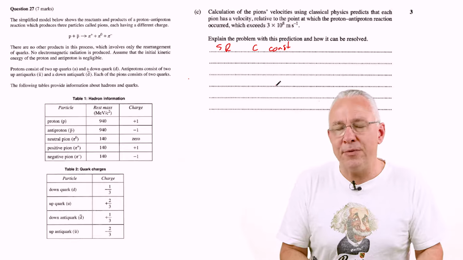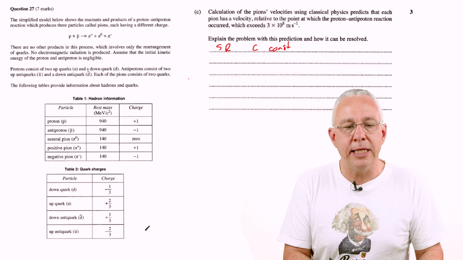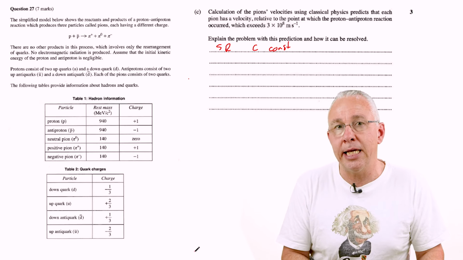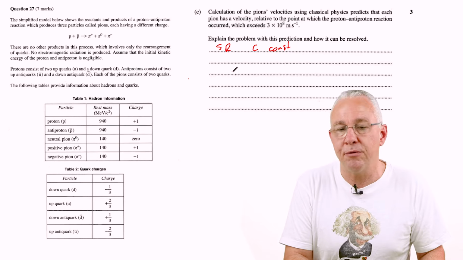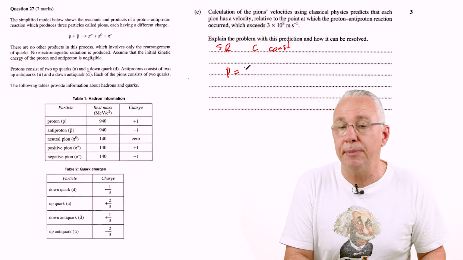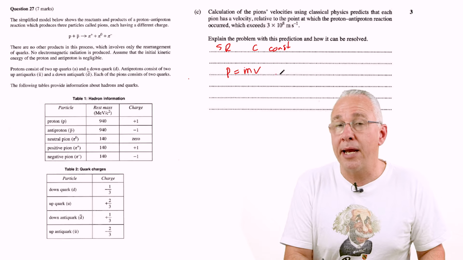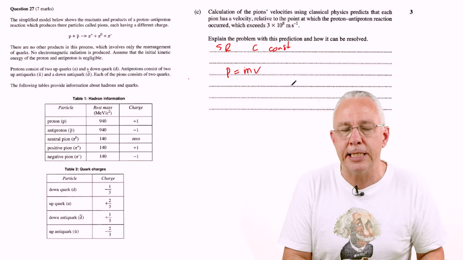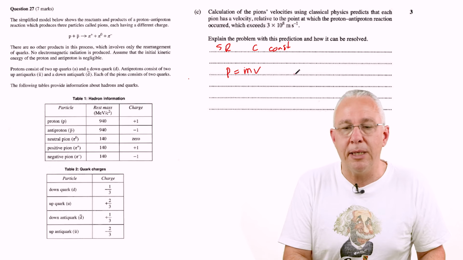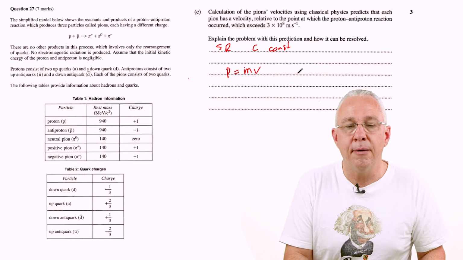Now, the way we resolve this is that when we look at the energy of our pions, the kinetic energy, that is actually a function of its momentum. Now, normally classical physics suggests that momentum is simply equal to mv, but that actually is not the correct formula. This only works for low velocities. So the correct formula is our dilated momentum formula.